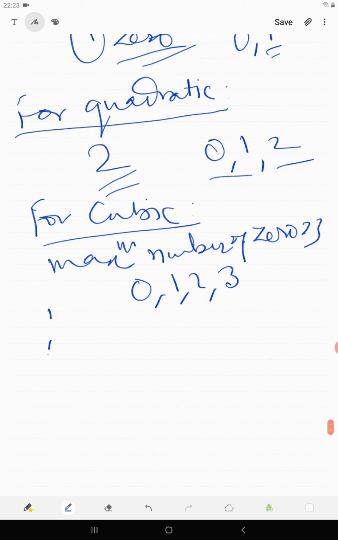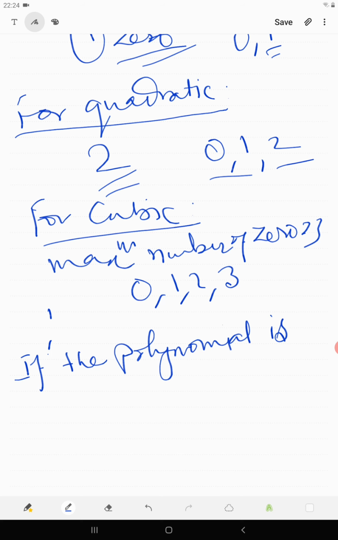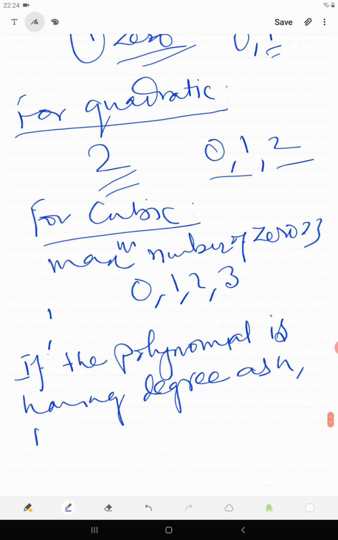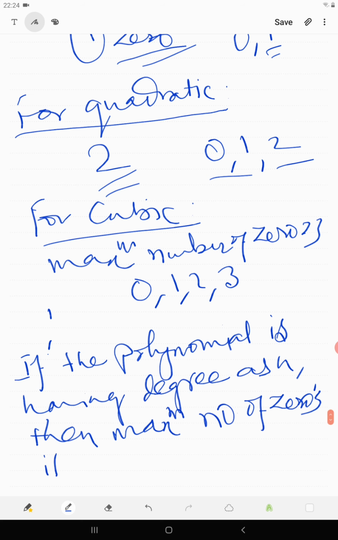Similarly, if there is a polynomial of power n, the rule says if the polynomial has degree n, then the maximum number of zeros it can have is n.